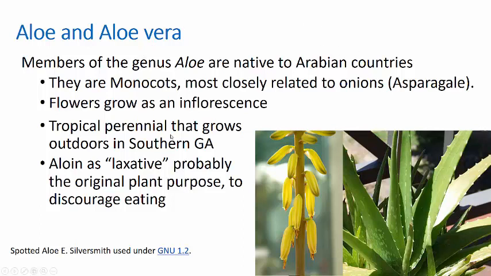All right. The original purpose of aloin in the plant, the reason the plant's producing it, is probably that it has a laxative effect on animals. That would be a great way to convince animals not to eat you, if every time they ate you, they had a very explosive result. So this is one of those examples of a secondary plant product, kind of like caffeine, having a more noticeable or identifiable reason for existing.